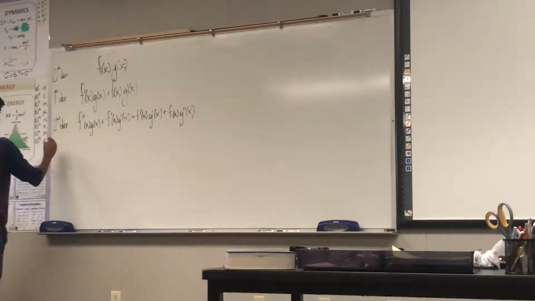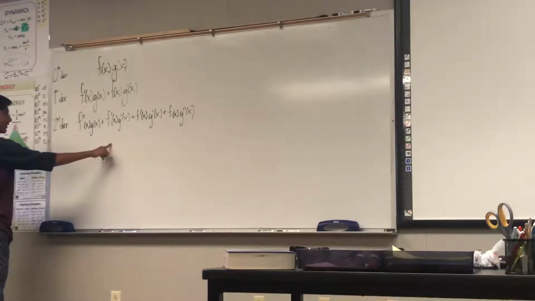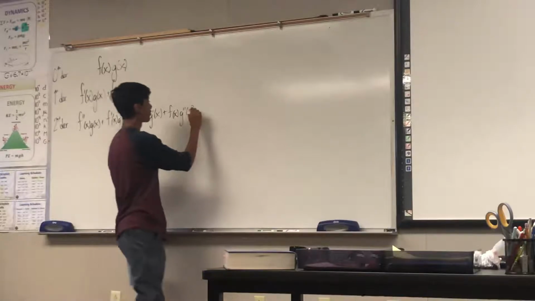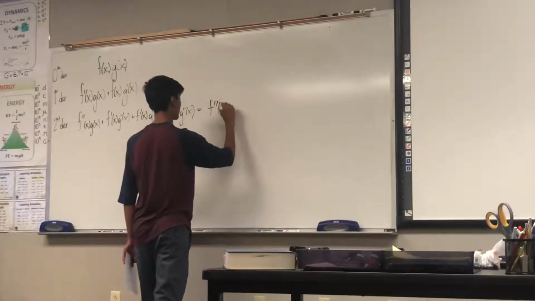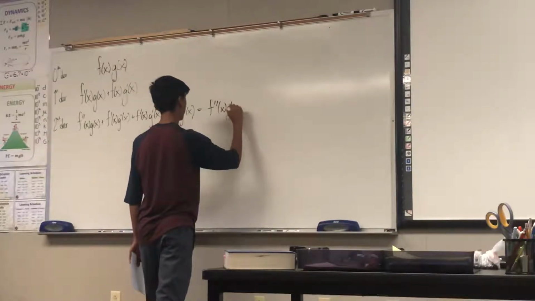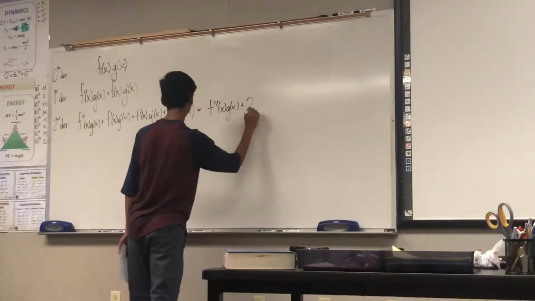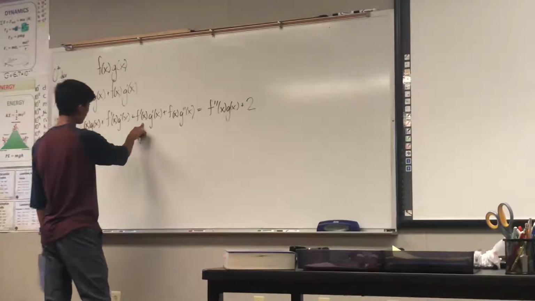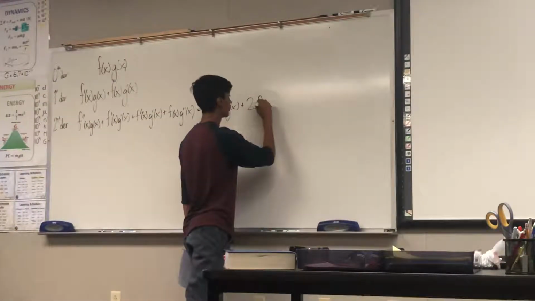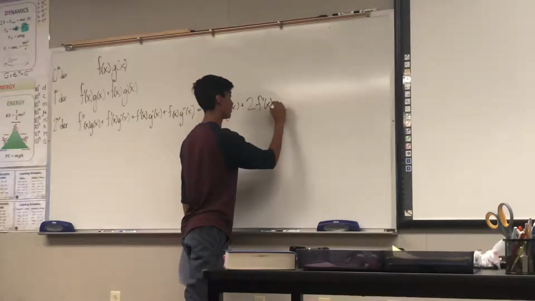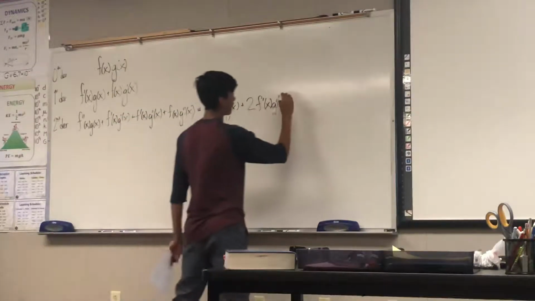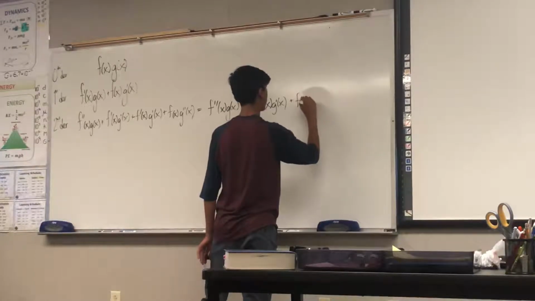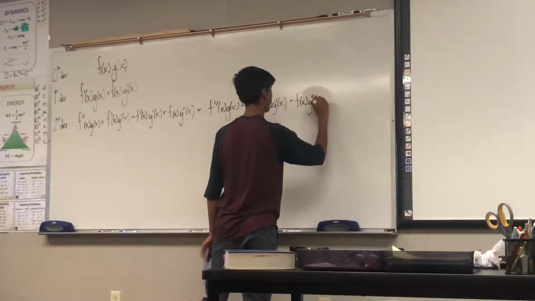The second derivative is that, and it can be simplified further into f double prime of x times g of x plus 2, because we have 2 of the same term, times f prime of x, g prime of x, and then the last term, f of x times g double prime of x.